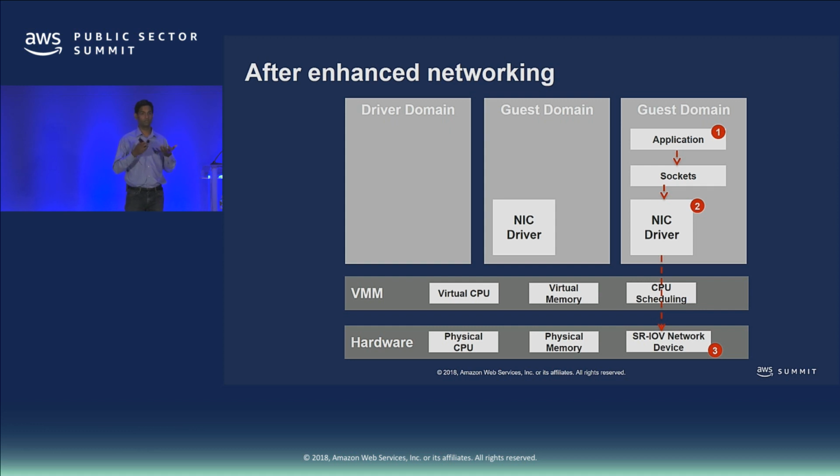That's the disadvantage of PV. On the HVM side, you can take advantage of hardware acceleration, meaning hardware devices like the networking chip and the storage are all virtualized and can be implemented through specialized drivers at the OS level so that you can get very high performance.